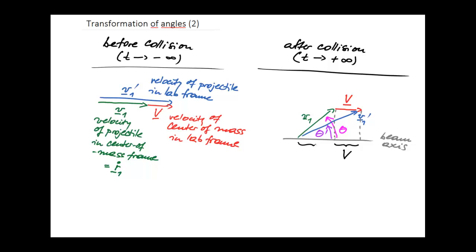This length here is the length of the projection of the green vector v1 onto the beam axis, and this is the magnitude of v1 times the cosine of the scattering angle theta. And this vertical length here is v1 times the sine of the scattering angle theta.